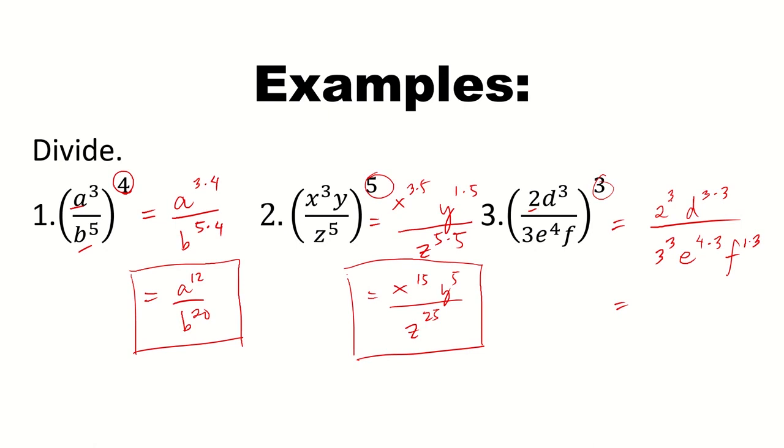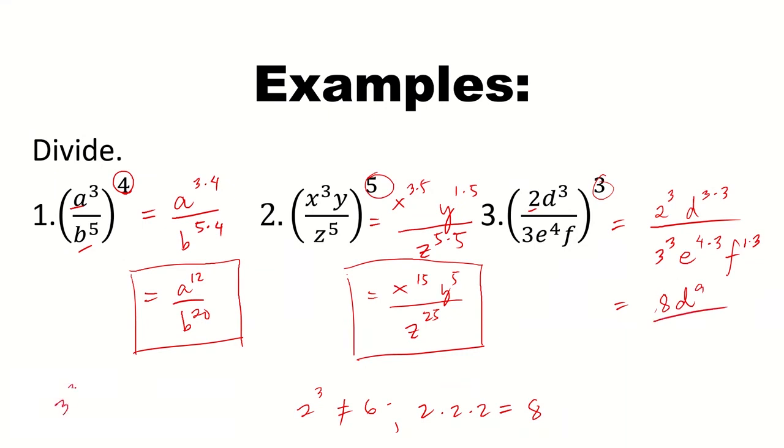So, ano yung 2 cubed natin? Hindi yan 6 ha? 2 cubed is not 6. Because 2 cubed means 2 times 2 times 2. And that is 2 times 2, 4. 4 times 2 is 8. So, 8. Then d, 3 times 3, 9. Then, 3 cubed.